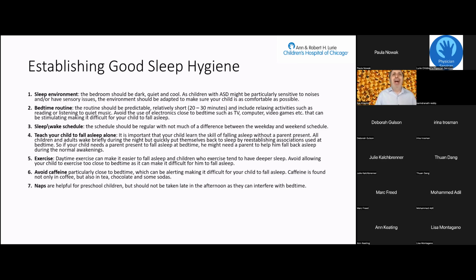And so having a schedule, having a routine organizes their evening and tells them what will happen next. We're brushing our teeth, therefore next we will be changing into PJs. We're changing into PJs, therefore next we will be reading. And so that cues the child into what will happen next and helps the child to fall asleep.